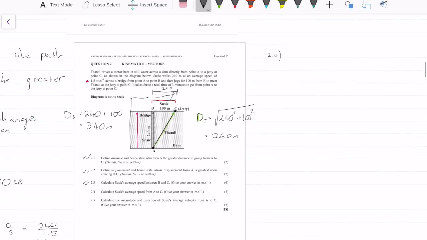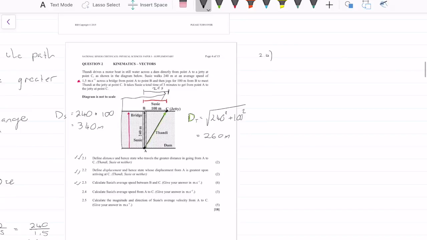Okay, so 2.4 says calculate Susie's average speed from A to C. So we want to know the total speed for her to travel all of this. The average speed is going to equal the total distance over the total time.